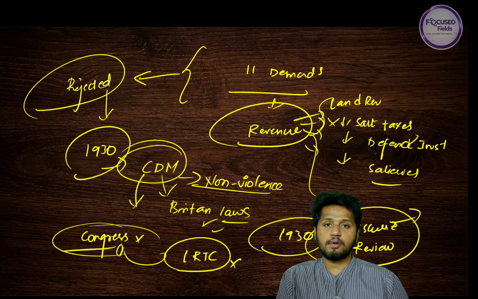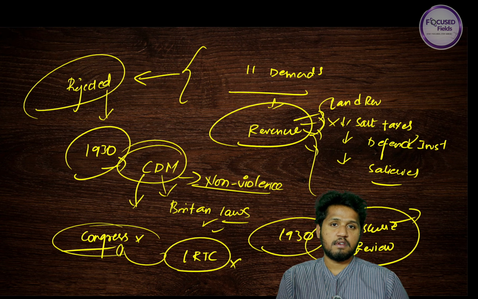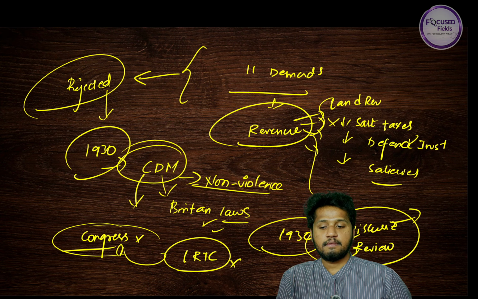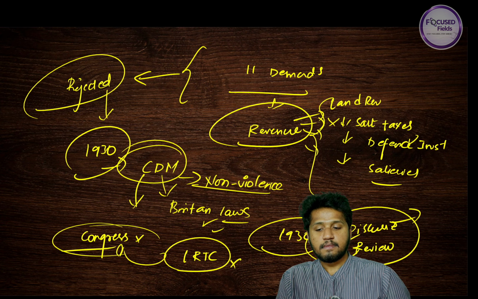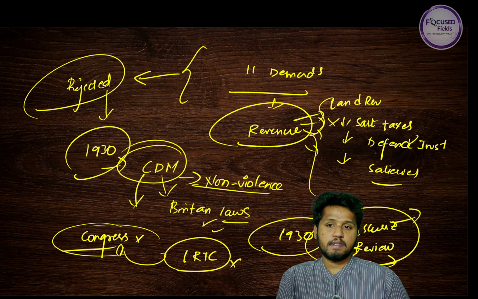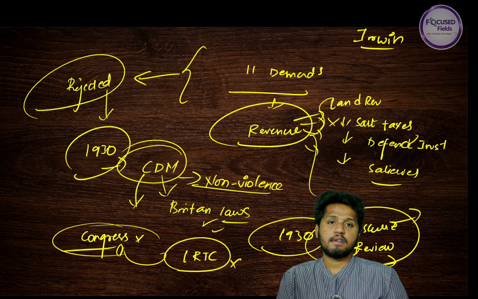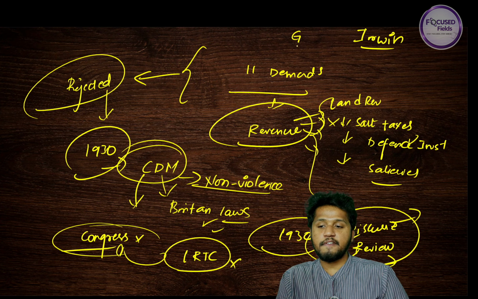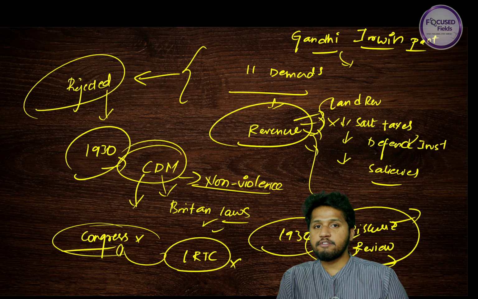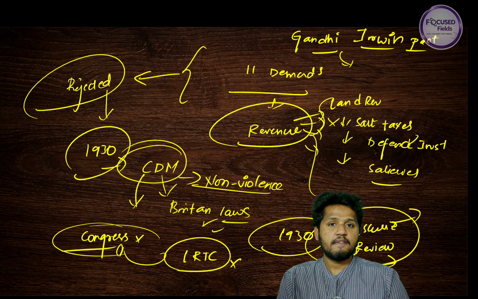The British government got to know that if we want to make any discussions and reviews, Congress is necessary. For that reason, the viceroy at that time, Lord Irwin, made a truce with Gandhi. That is called the Gandhi-Irwin Pact. Gandhi demanded a few things and said that if those demands were accepted, then we are going to attend the second roundtable conference.